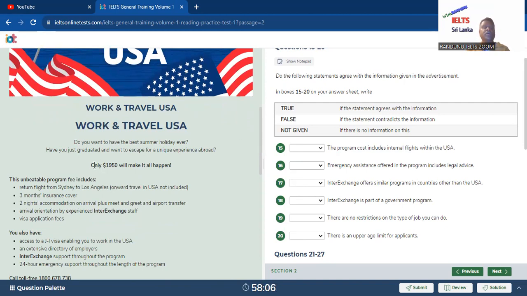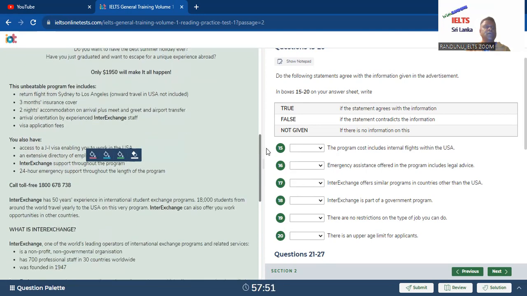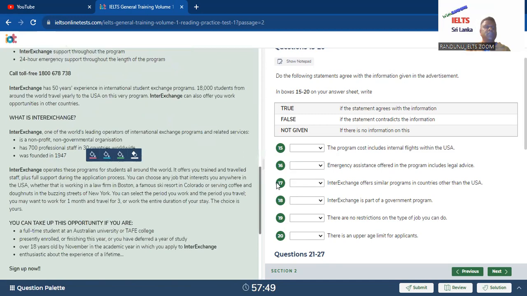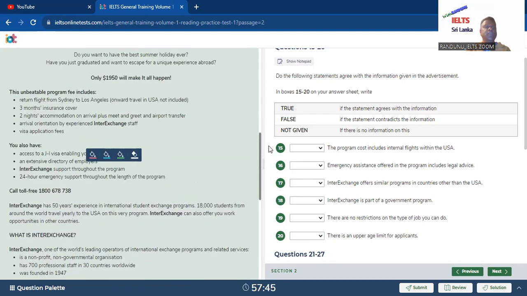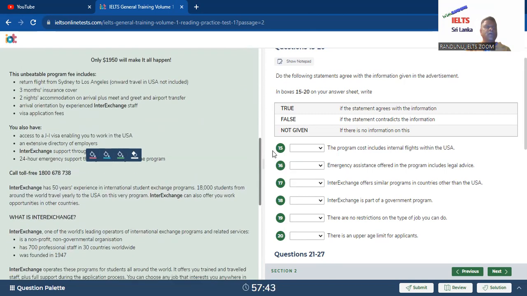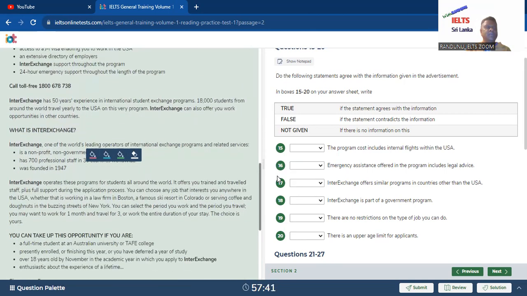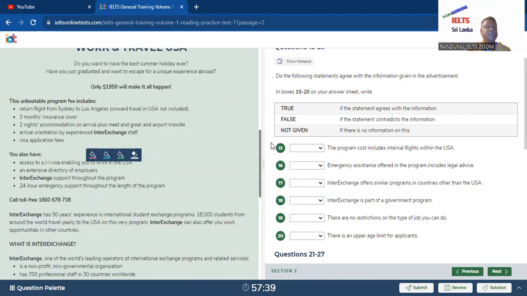The cost of that trip is $1,950. There is some more information, up to here. They are talking about many things. I'm not going to read all these things.